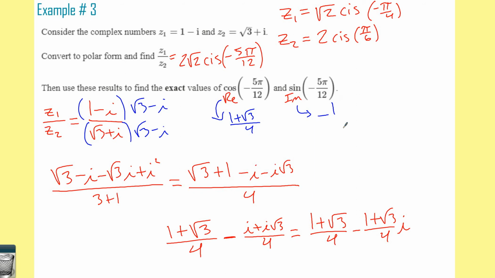I guess Cognity wrote it as a plus sign there and kept this as two negatives. So it's negative 1 minus the square root of 3. Any questions? Feel free to ask me in class.